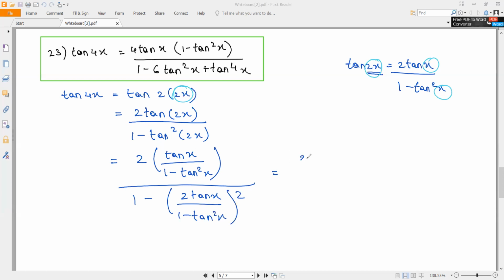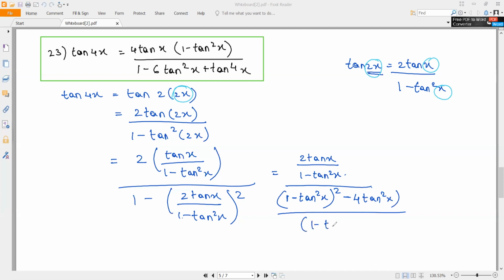This is equal to 2 tan x upon 1 minus tan square x, whole upon 1 minus tan square x whole square. So this whole square will be divided into numerator and denominator. We'll be left with 1 minus tan square x whole square minus, this is 2 tan x whole square, it is 4 tan square x, divided by 1 minus tan square x whole square. So this is your original denominator.